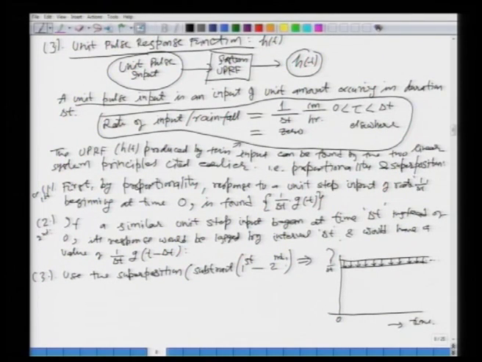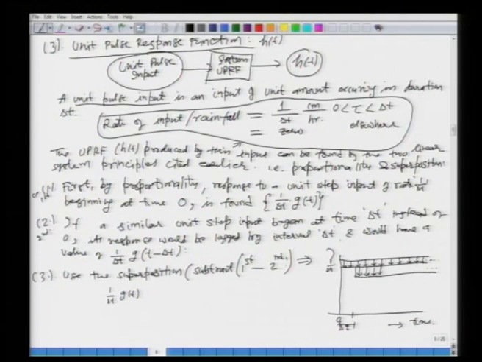The response from this, the first one, is 1 by delta t g of t, all right. Now, I am not plotting the response here, all right. Then you take a time interval, how much? Delta t, all right, and let us assume that another rainfall starts at this time, indefinitely.